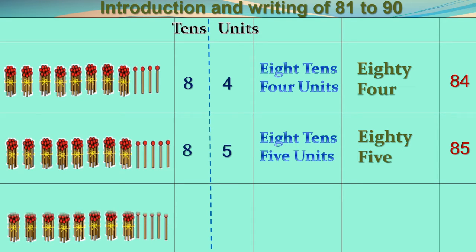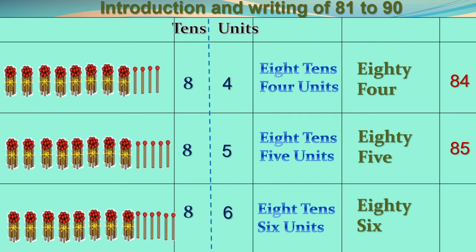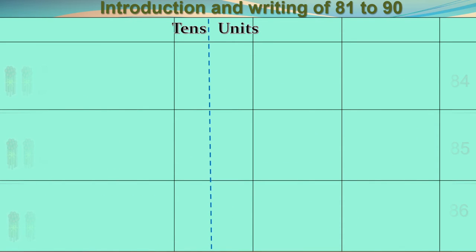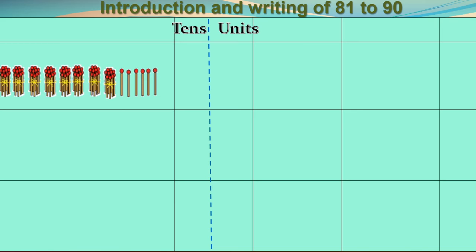Let us add one more to 85. Here it is. So we got 8 tens and 6 units. Let us write here. Okay, our number is 86. 80 and 6, that is nothing but 86. Okay, children, now here are our 86 matchsticks. Let us add one more to this to get the next number.